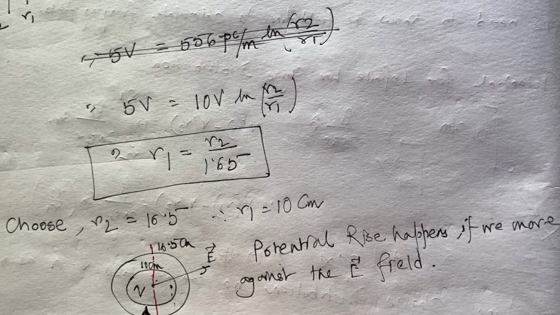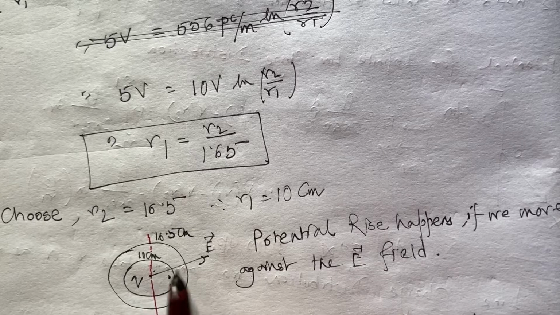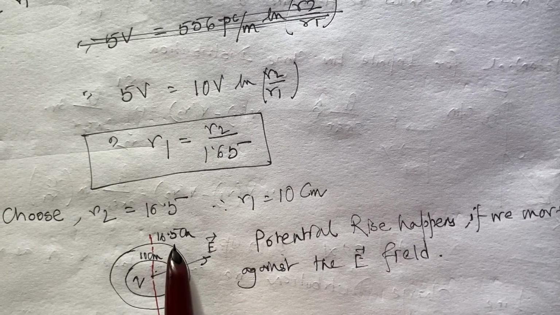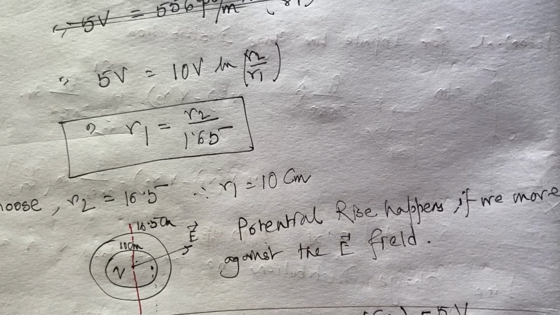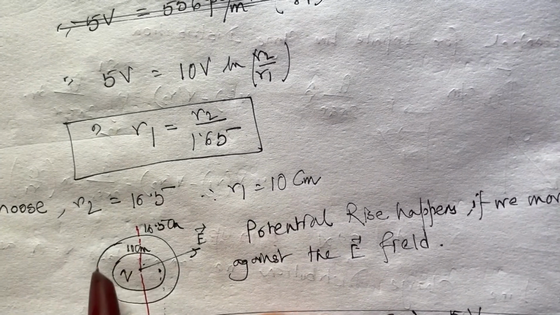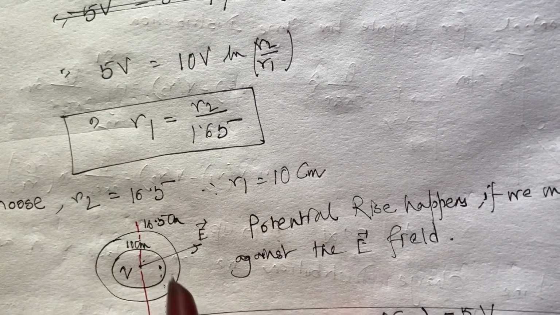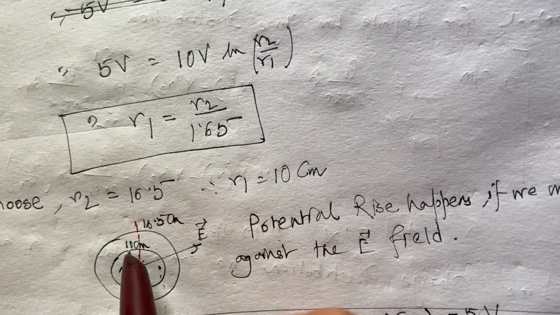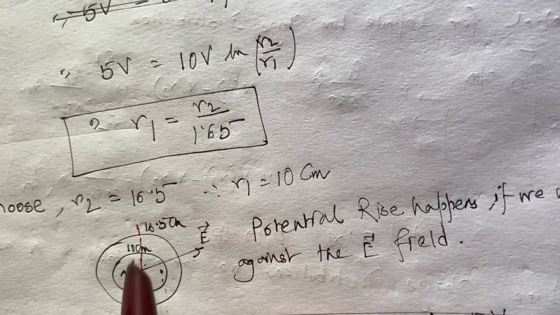So if we place a plus Q charge here, the electric field will be outward, and at 16.5 centimeter I will have the reference point. So at every point on this circumference, the potential is 0. Similarly, at 10 centimeter, the potential will be 5 volt but constant.